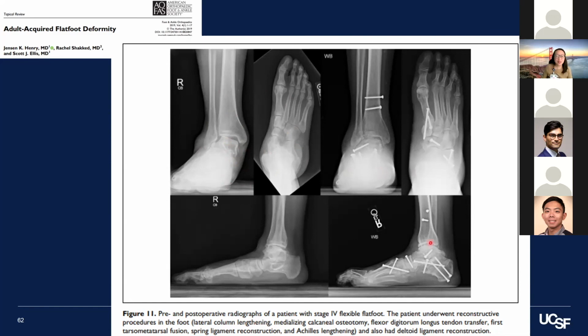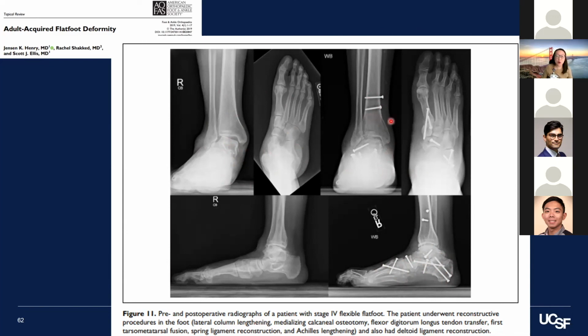Here he's corrected the hind foot. You can see all these things, right? He actually didn't fuse any of the joints. All he fused was the first TMT. He essentially did osteotomies, lateral column lengthenings, and got the foot out of valgus. And then he did this deltoid ligament reconstruction.